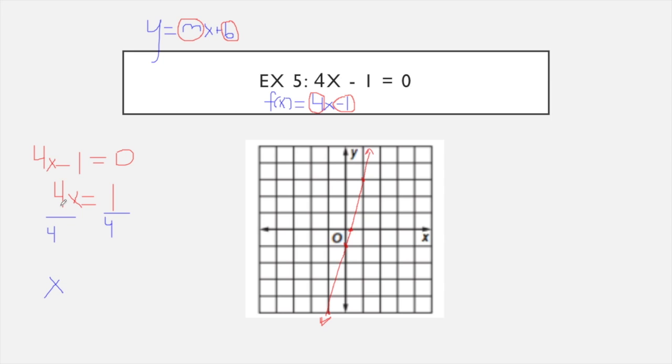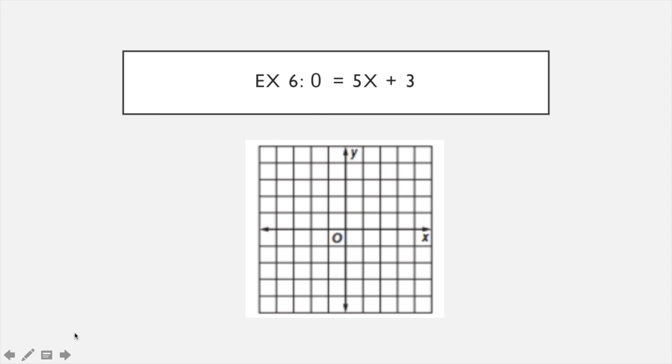X, this cancels out, x equals 1/4. So if you're really precise with your graph, you'd be able to tell that this is 1/4. If not, you could use algebra to solve it. So that x value, where our line crosses, that x-intercept, is 1/4. So we can do algebra to solve this, but you can also graph it and get the same value. So that's the whole point.